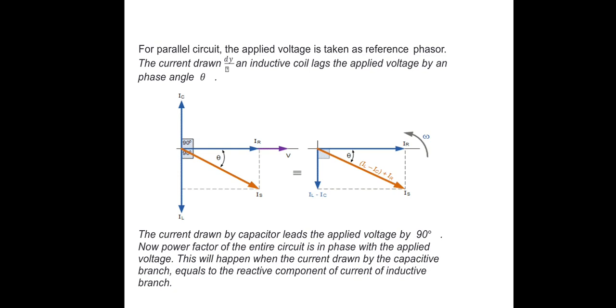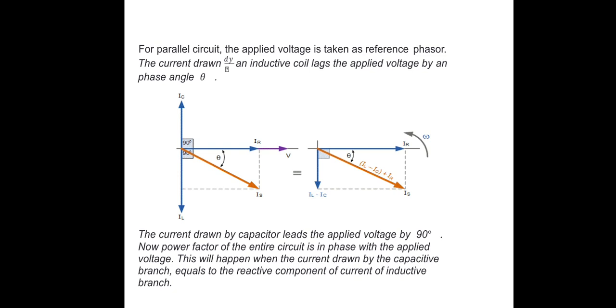So here now the power factor of the entire circuit is in phase with the applied voltage, and this will happen when the current drawn by the capacitive branch equals the reactive component of the current of the inductive branch. Okay.